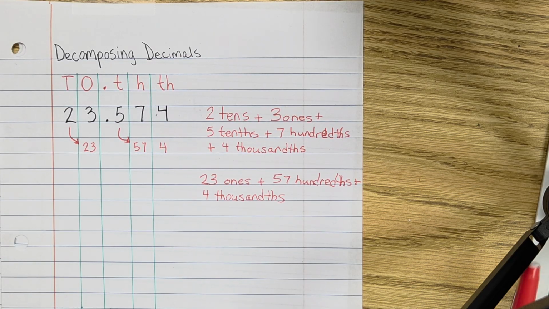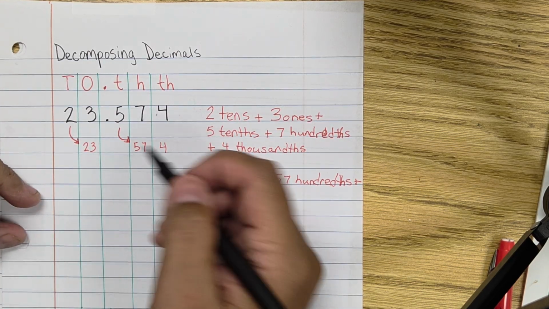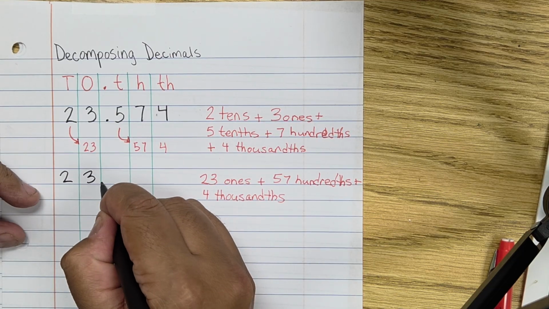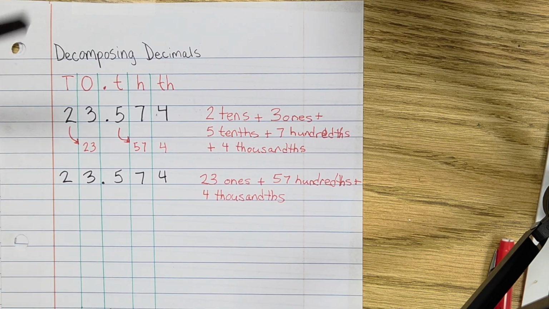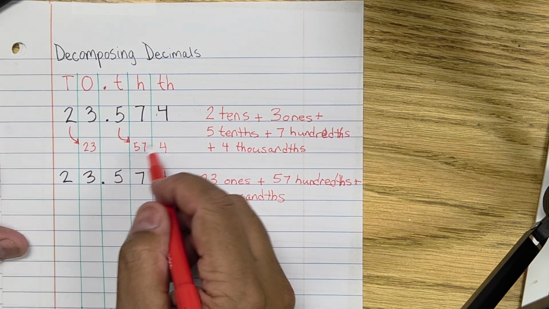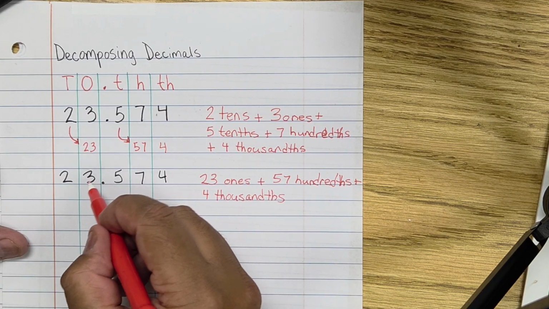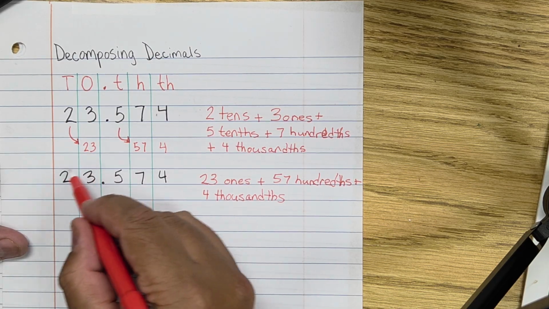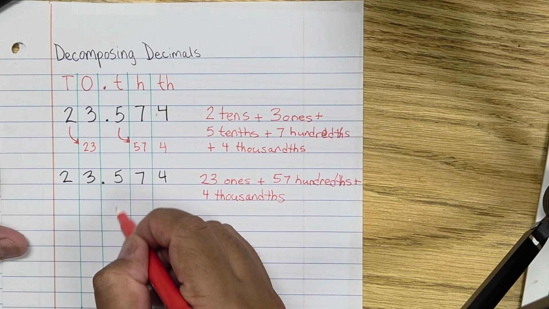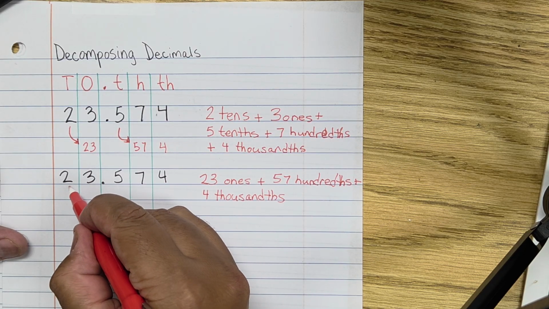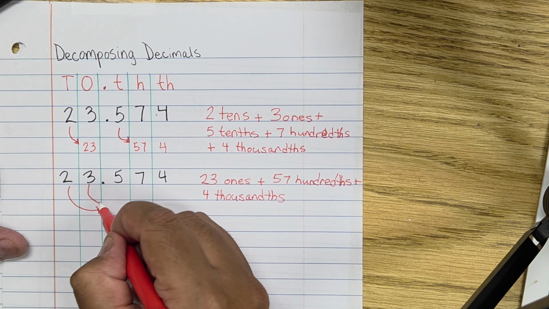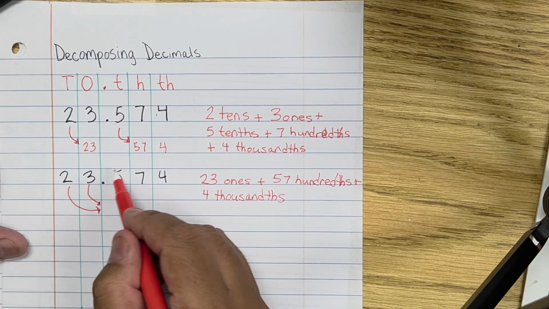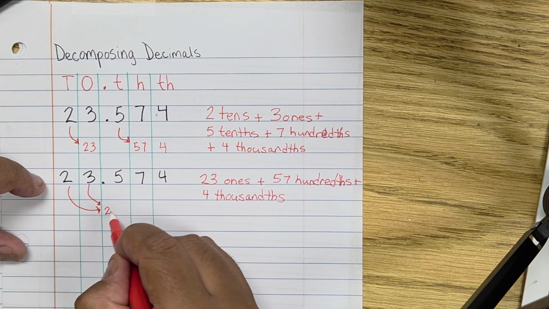So I'll go ahead and rewrite the original number, 23 and 574 thousandths. And instead of decomposing it the way I did here, I can actually decompose all three of these digits and put them together into this place value. So here's what that looks like. If I were to move the 2 all the way to the tenths, and if I were to also move the 3 all the way to the tenths, remember we need to keep them in order, it would look like this, 235 tenths.